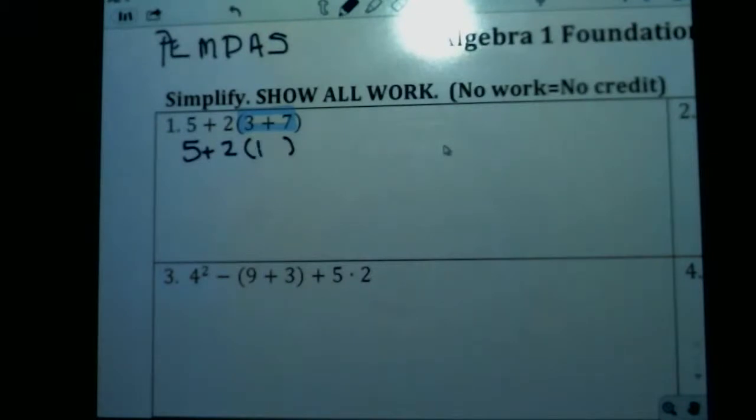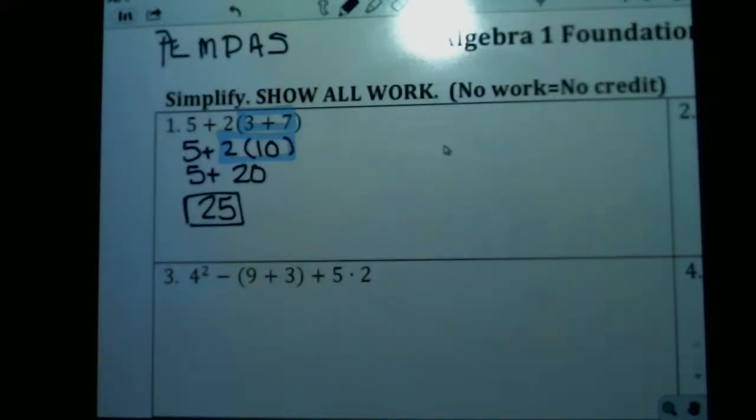Then no exponents, no more parentheses. This is a times, so now we're going to do 5 plus 2 times 10, which is 20. Now we're down to only 2 operations left, which is to add these two numbers, and we get 25. All right, that was a real simple one.